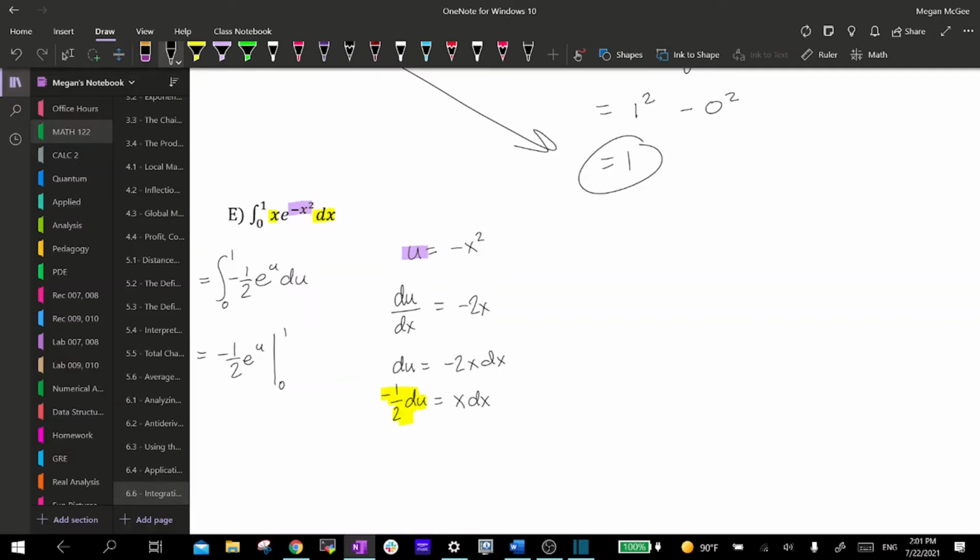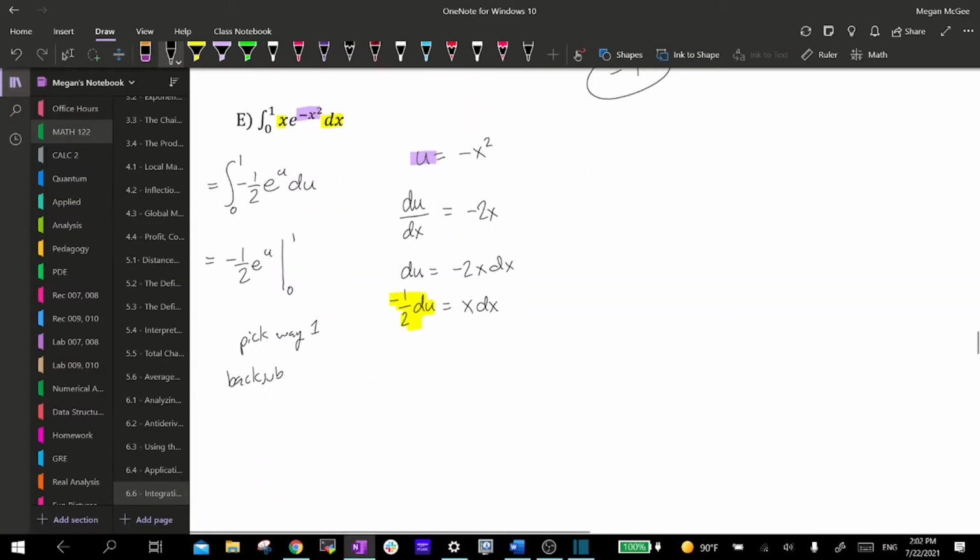We can decide to back sub and then plug our bounds in, or we can switch our bounds. I'm going to go ahead and pick way 1, where we're going to back sub first. Again, you can pick either option here.